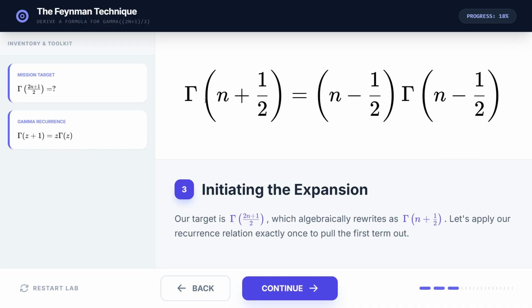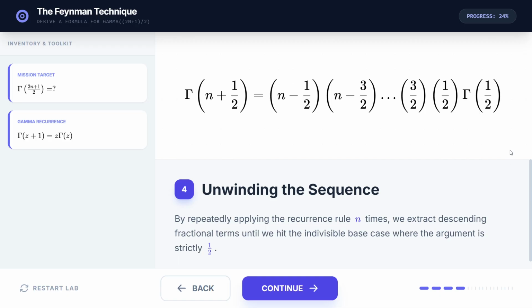All right. So let's see. If we take gamma of n plus 1/2, well, we can write that as n minus 1/2 times gamma of n minus 1/2. We can extend that further, and we see if we keep doing that over and over again, the following pattern emerges, and we end up with just gamma of 1/2 at the very end of the recursion.